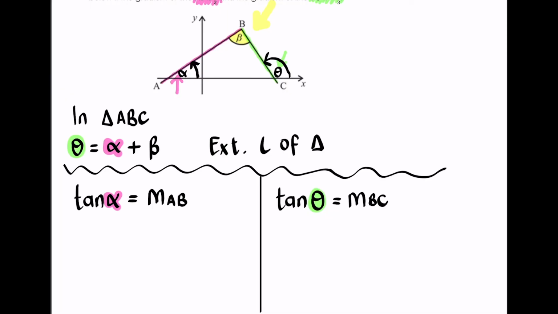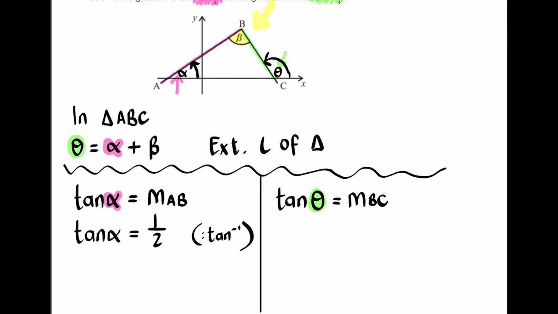All right, so tan alpha is equal to the gradient of AB, and they told us that the gradient of AB is a half. So that means that tan alpha is equal to 1 over 2. Now, in order to get an answer for that, I'm going to use the second function, or arctan. On your calculator, you're going to push shift and then your tan button.